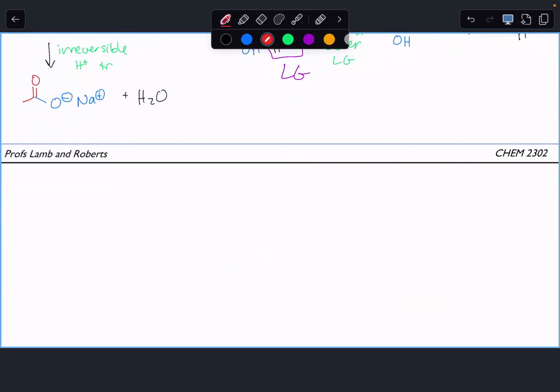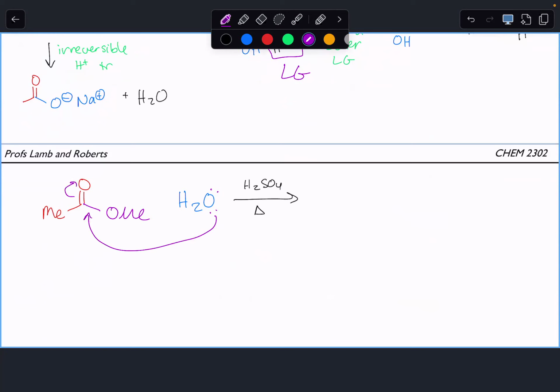So for example, if you have an ester and you're doing hydrolysis, right? So we have water as our nucleophile, and say we're doing it under acidic conditions, we have H2SO4 and heat. It's okay if you just think, oh, I'm not thinking about it, I'm just going to do my addition step right away. So my nucleophile attacks my electrophile, break the weakest bond.